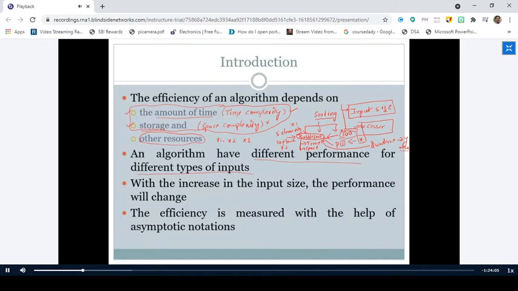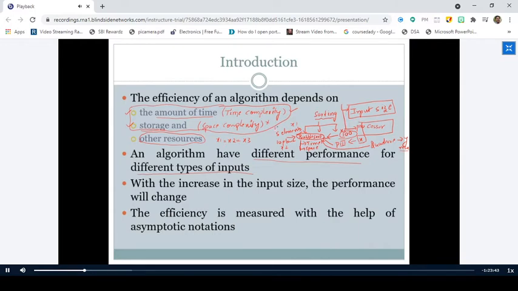x1 equal to x2 equal to x3, sir. This cannot happen. Maybe it will happen, but listen carefully. If I take the bubble sort algorithm and give 5 elements, how much time will it take for sorting? Assume that one element is sorted in 1 second.